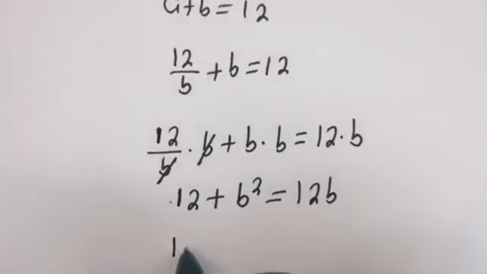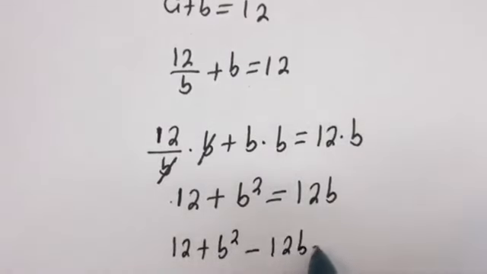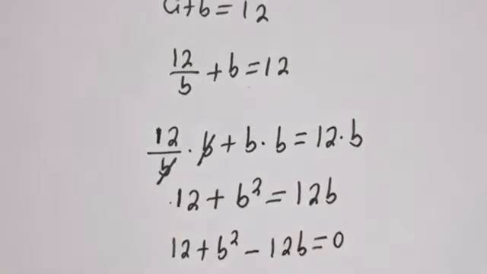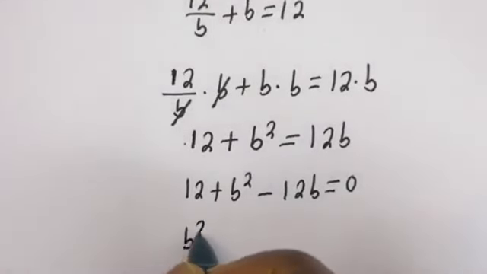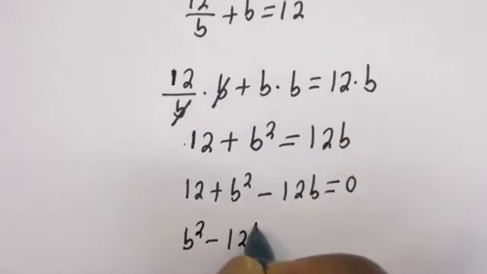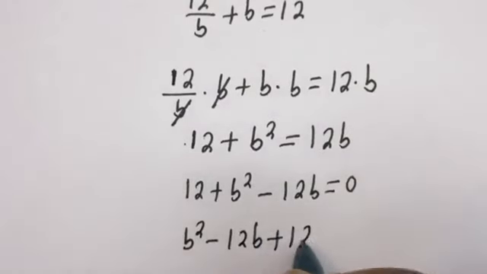And we have 12 plus B squared minus 12B is equal to 0. We can rearrange this. That is, B squared minus 12B plus 12 is equal to 0.